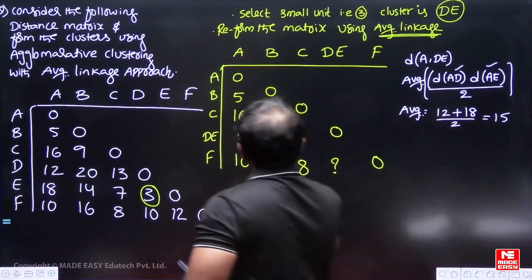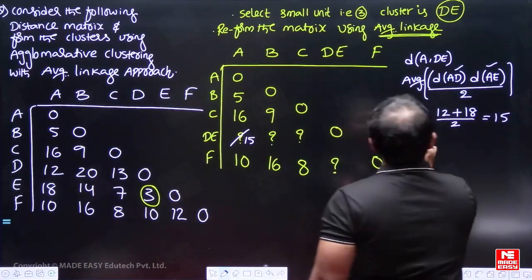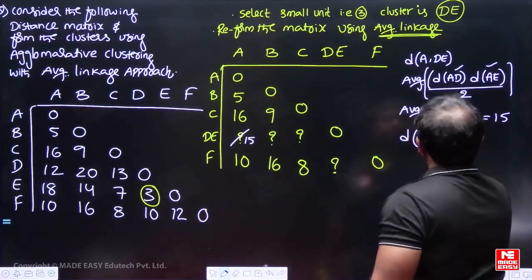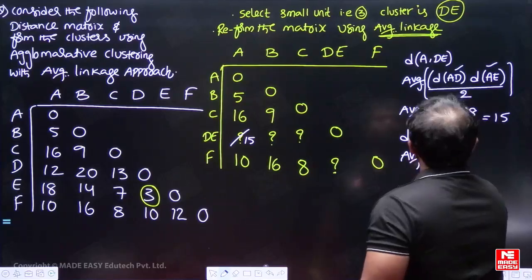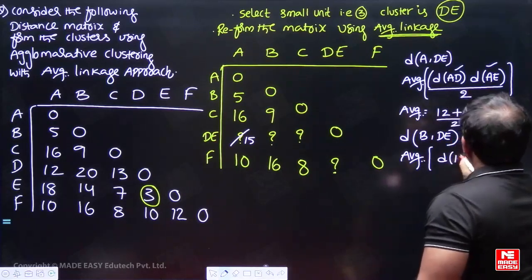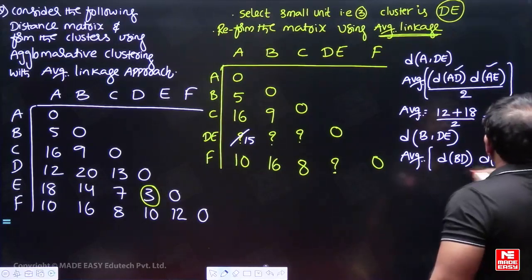So now this question mark is changed to 15. Similarly, distance between B and DE. B, D, E. Now tell, average is equal to distance of BD and distance of BE divided by 2.